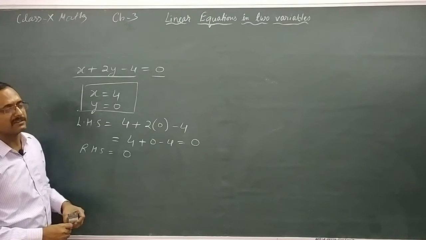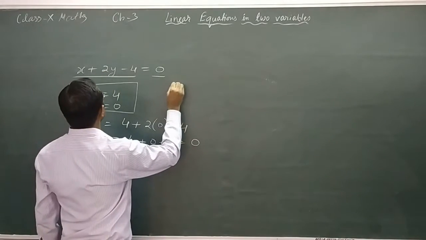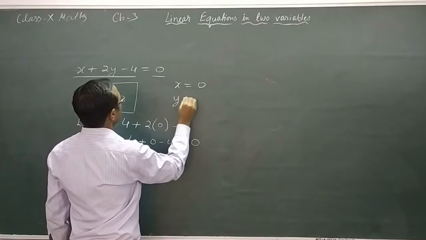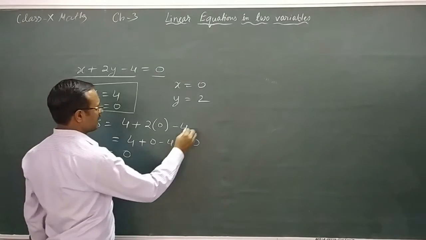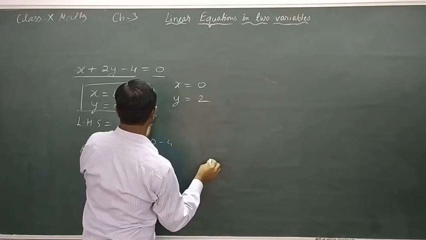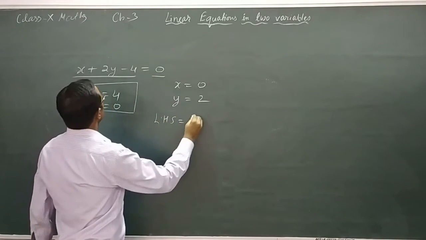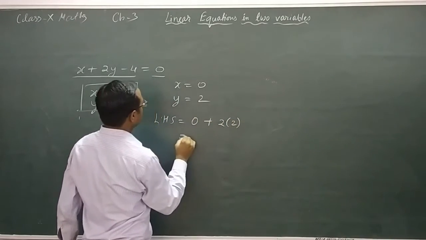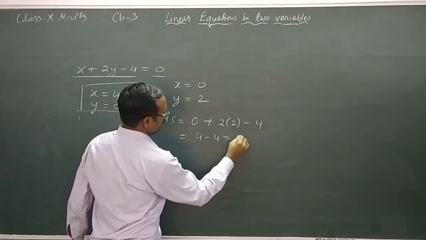Let's see another value if it becomes 0 or not. If I put x equal to 0 and y equal to 2, the value of LHS part will become 0 plus 2 into 2 minus 4, that is 4 minus 4, 0.